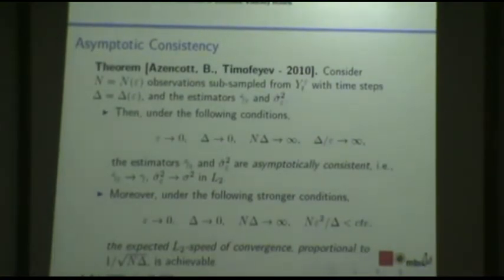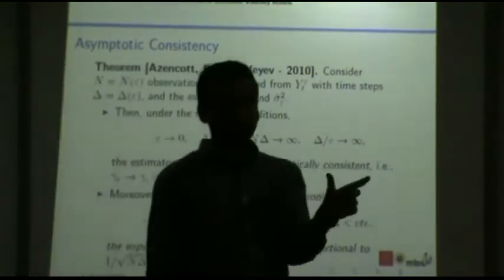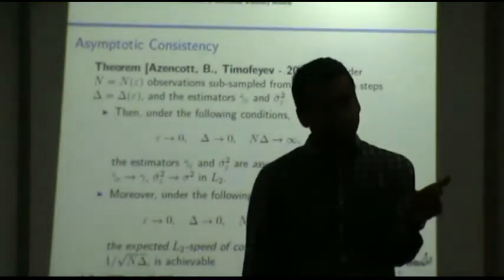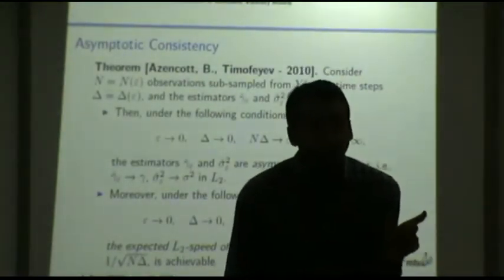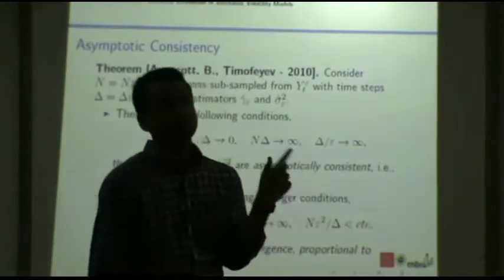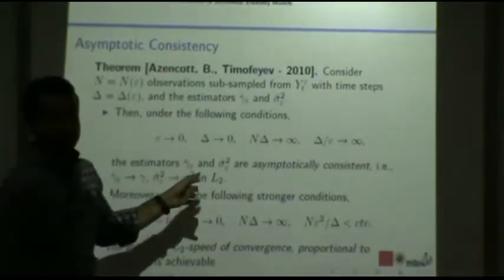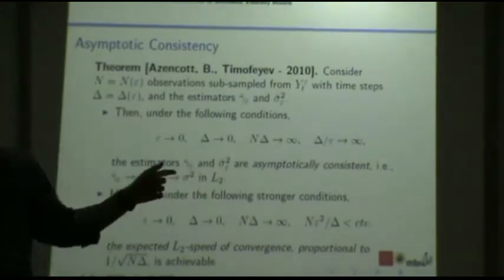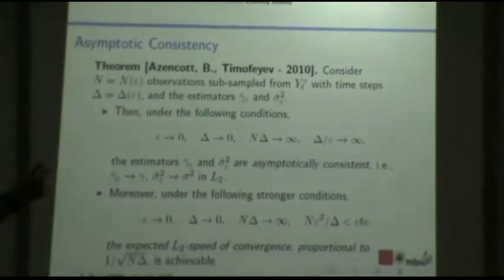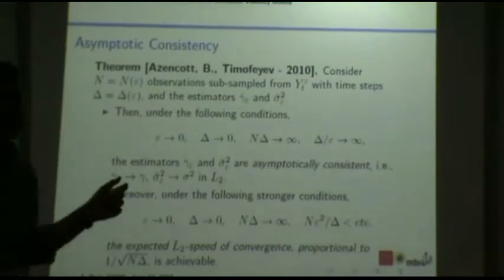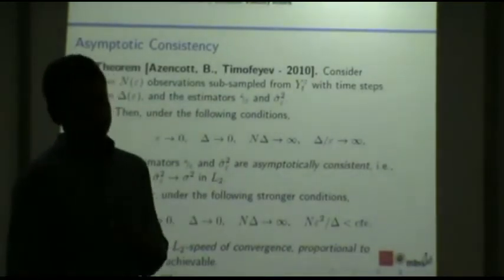The sampling gaps are delta. Correct, the sampling gaps are delta. Then you want n delta to go to infinity. Correct. So that is required for consistent estimation of the variance, I mean the volatility parameter. Correct.